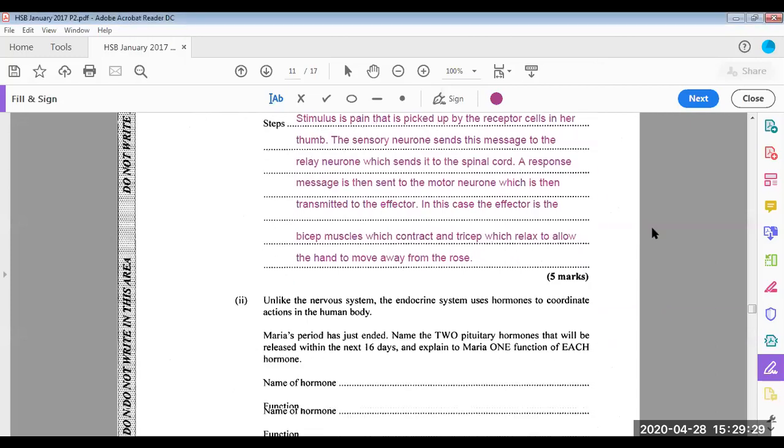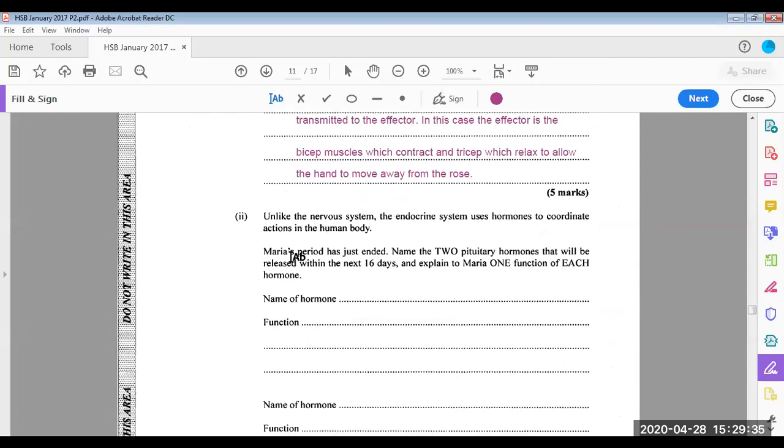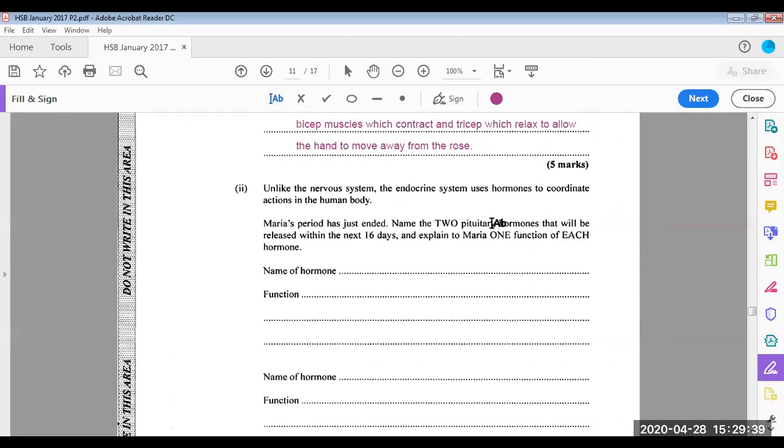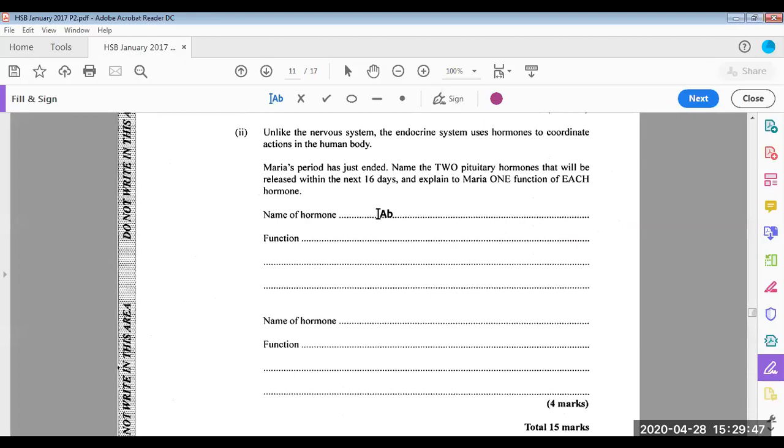All right. Unlike the nervous system, the endocrine system uses hormones to coordinate actions in the human body. Maria's period has just ended. Name the 2 pituitary hormones that will be released within the next 16 days and explain to Maria one function of each. So remember with the menstrual cycle, after a period, which is 5 days, FSH is going to increase.